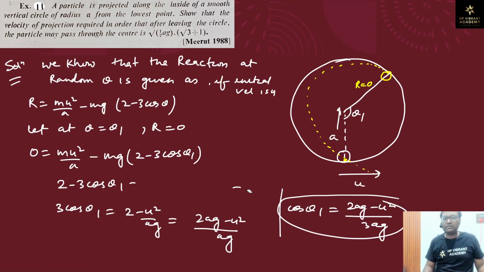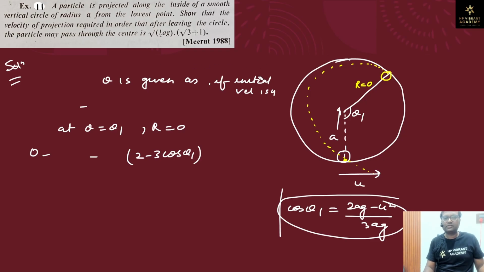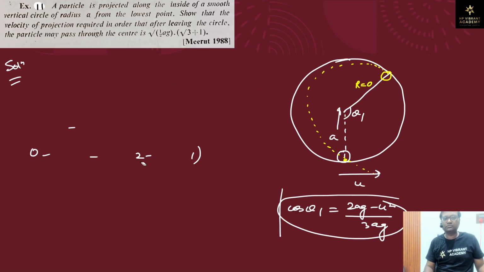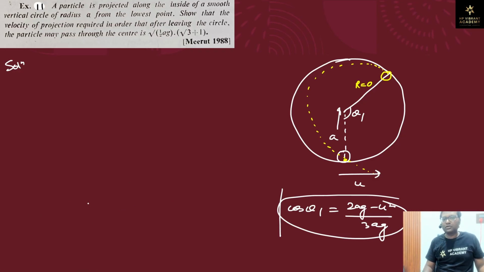So at an angle of theta 1, the particle leaves the circle and follows a parabolic path. Now let us write down the equation of trajectory. So this angle is theta 1. Let us consider this angle as alpha, and this angle will also be alpha.